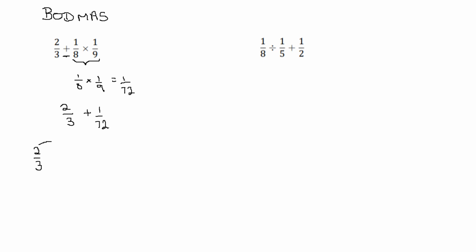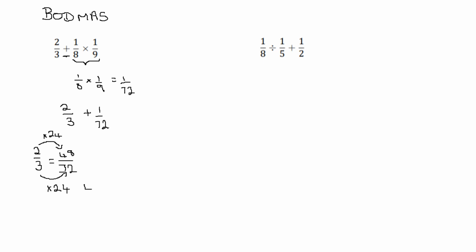I know that if I multiply 3 by 24, I'm going to get 72. And then I'm going to do the same to the top, multiply by 24. 2 times 24 is 48.